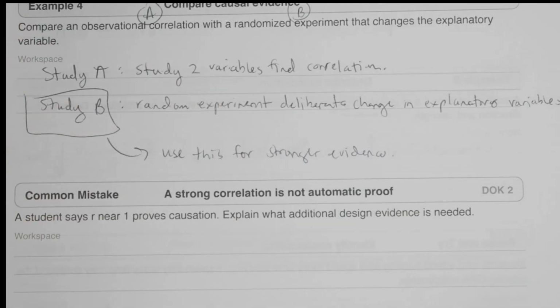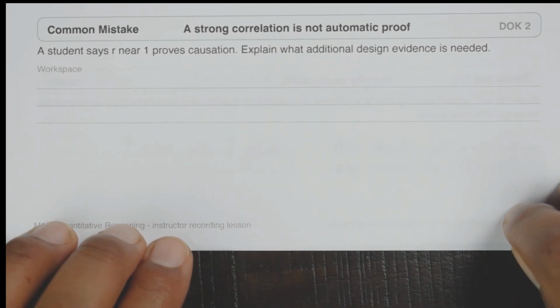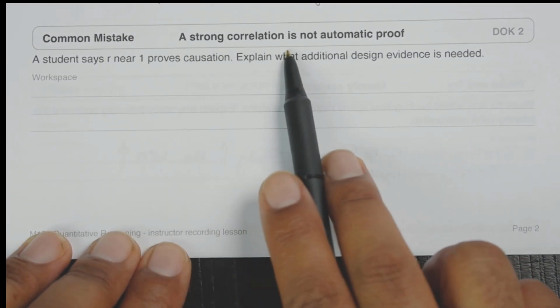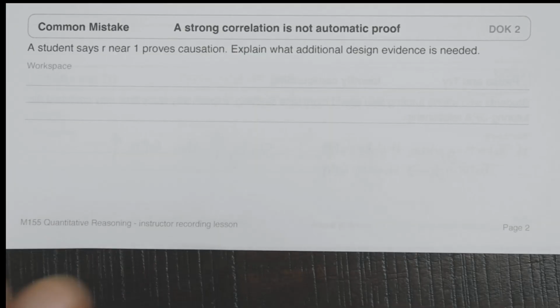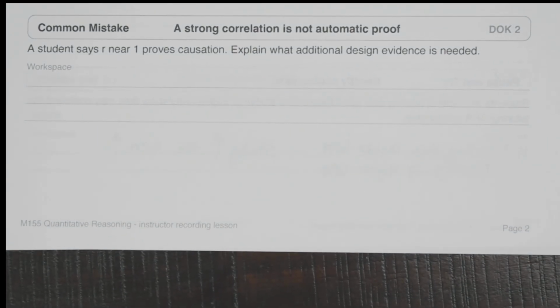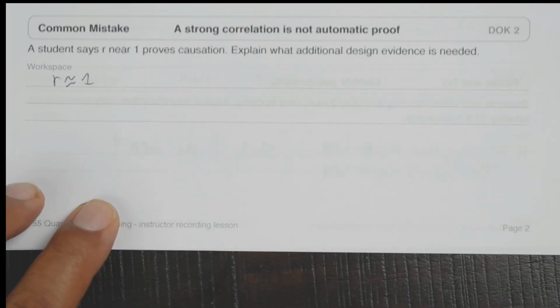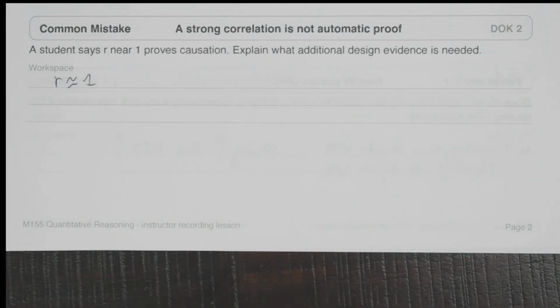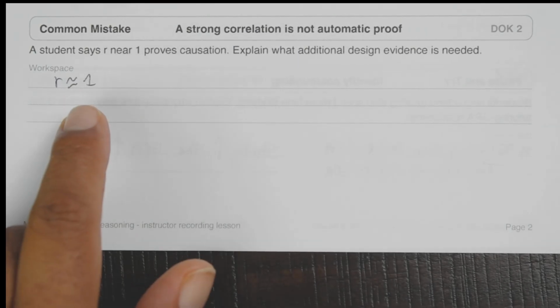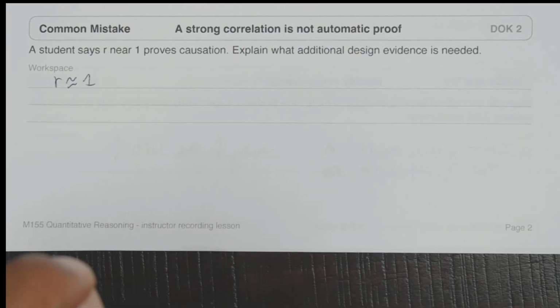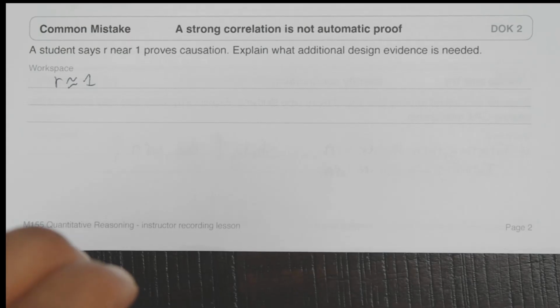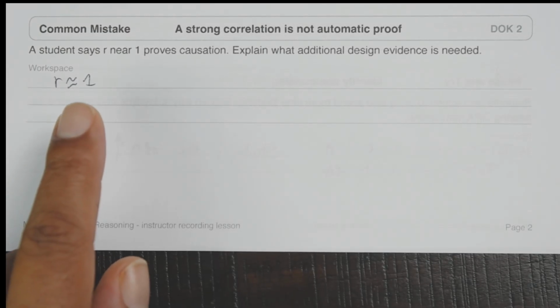Okay. Common mistake. A strong correlation is not automatic proof. That's the big idea, right? Suppose a student says r near 1 proves causation. So basically, if r is approximately 1, they're saying that therefore one variable definitely causes the other. Well, that's incorrect, right? A correlation close to 1 means there is a very strong positive linear relationship.